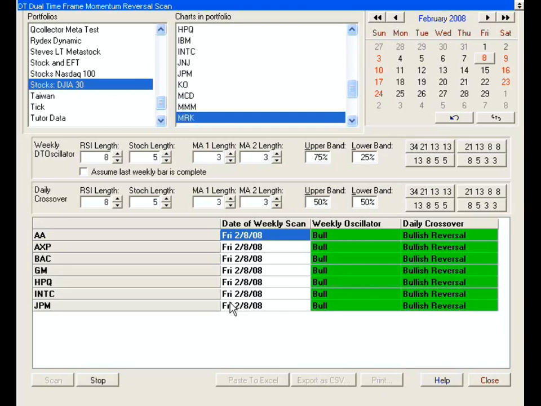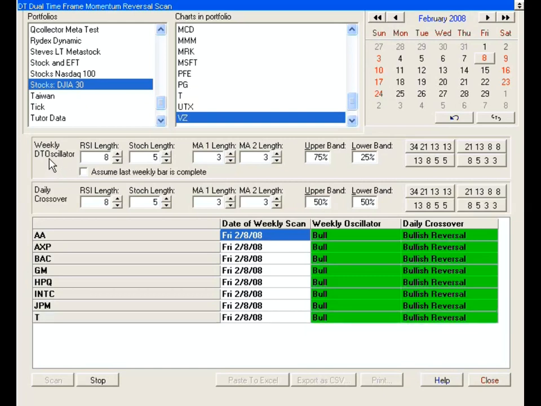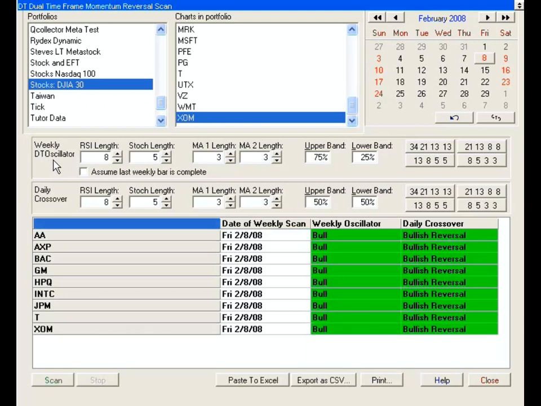We're getting near the end of the scan, and let me just tell you what it does. It does the same thing I taught you to do, just automatically. It looks at the weekly momentum position based on the DT oscillator, which is the preferred momentum indicator that I use at least. We could do this in different indicators as well if we wanted to set up a scan routine for that.